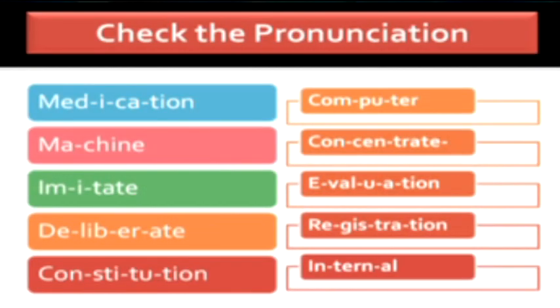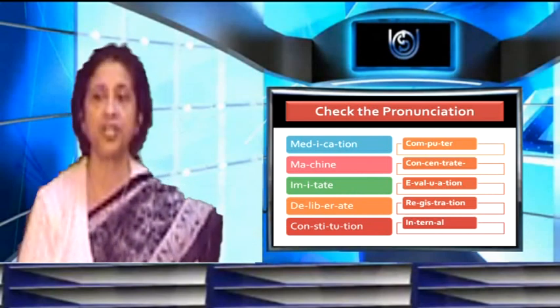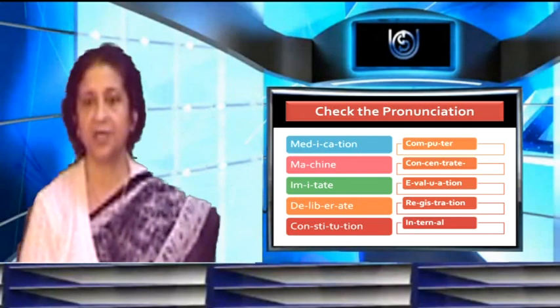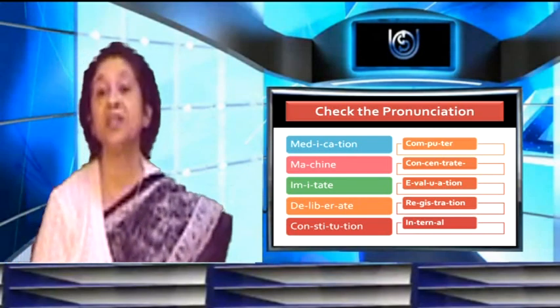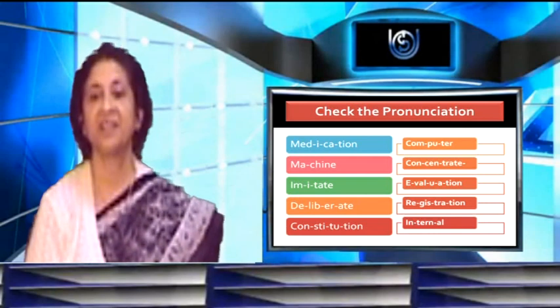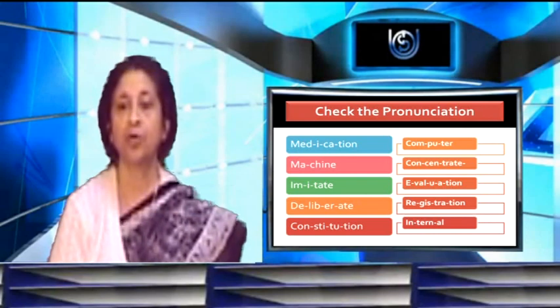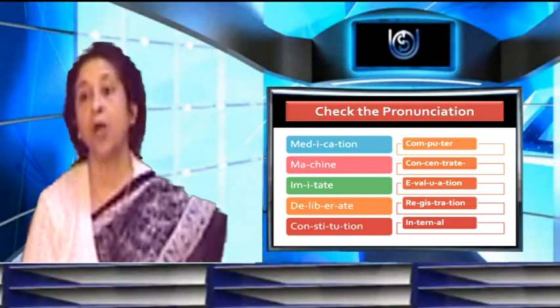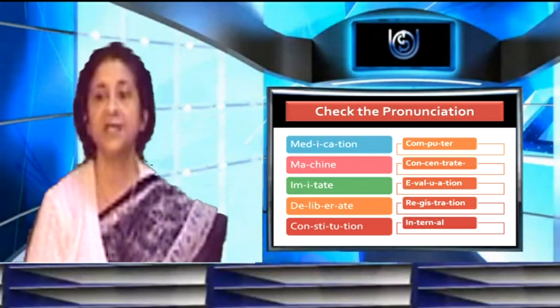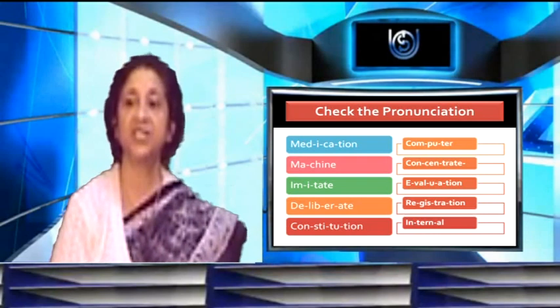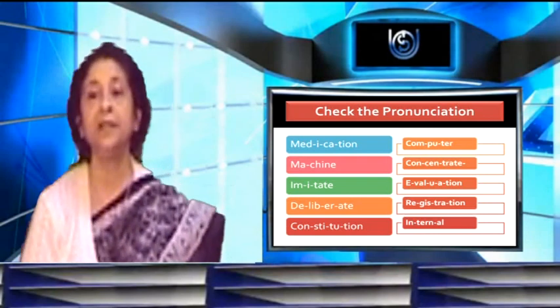Now after going through the proper stress practice, one syllable, two syllable, three syllable, check your pronunciation on the screen: medication, machine, imitate, deliberate, constitution, computer, concentrate, evaluation, registration, internal.